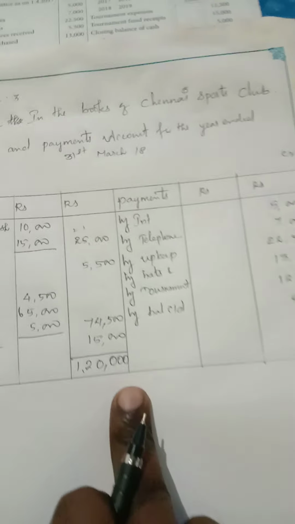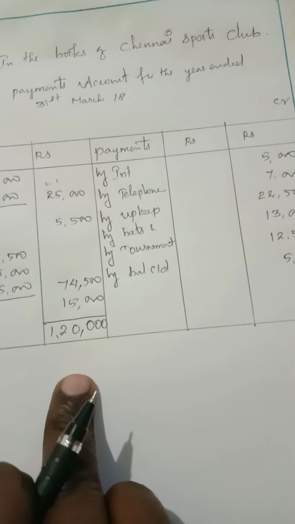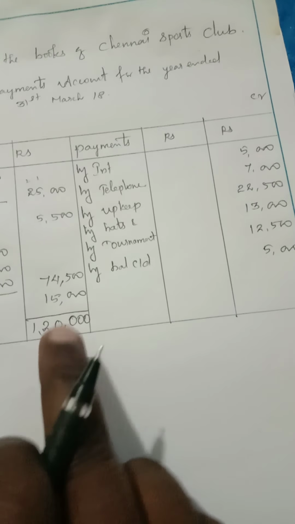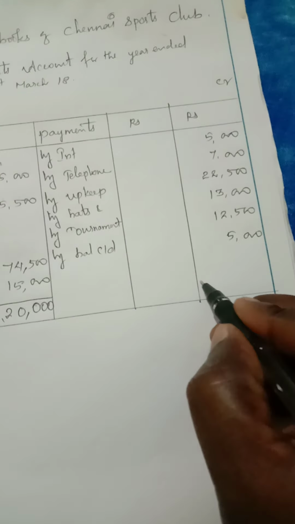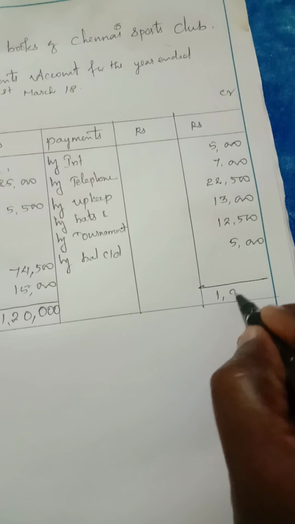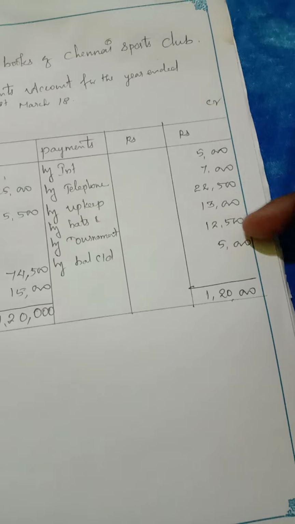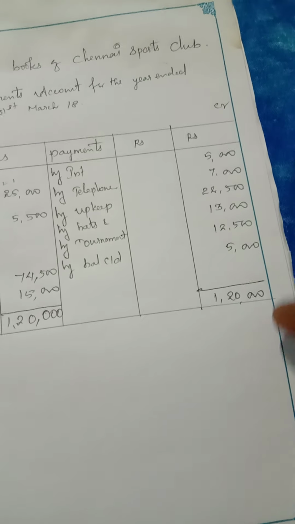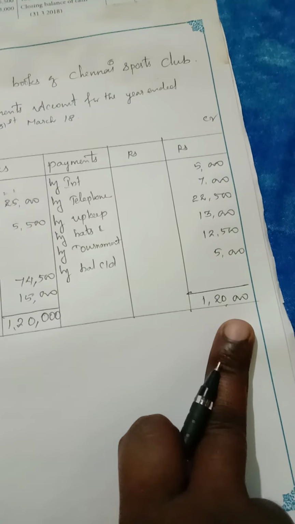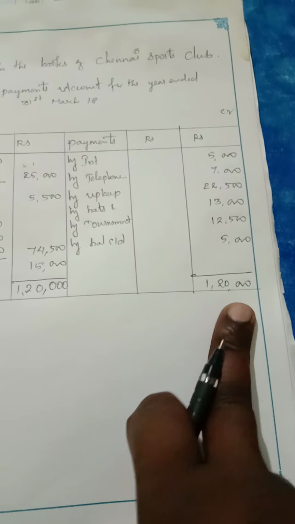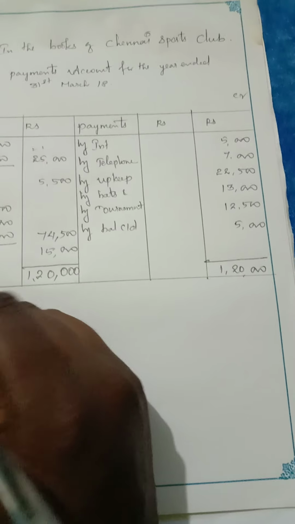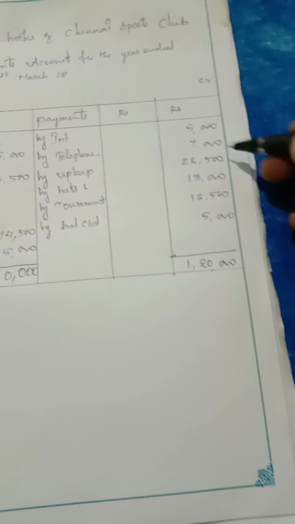So 1,20,000, okay. The total value is 1,20,000. The same amount I have to write on the opposite side, 1,20,000. Then again we should calculate the credit side value and deduct it from the 1,20,000. So for the credit side value, how many rupees?